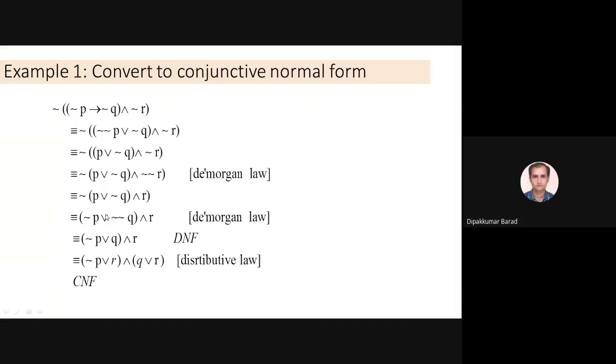Then we get this elementary product, elementary product. If we get and here, there is a correction, and we get or here.